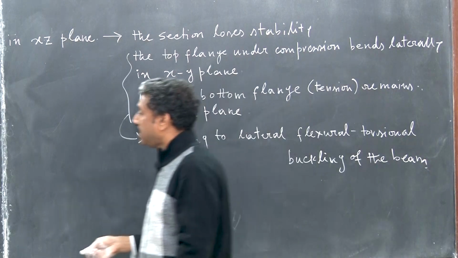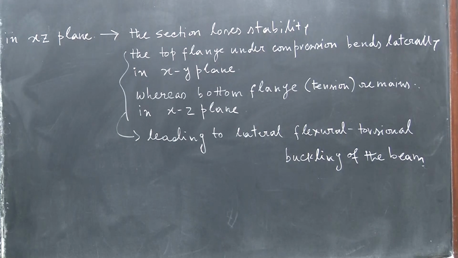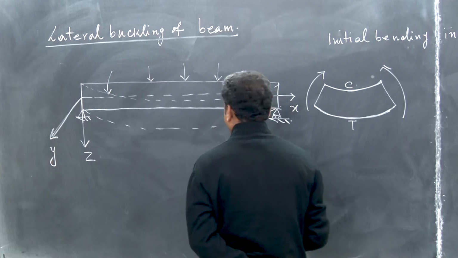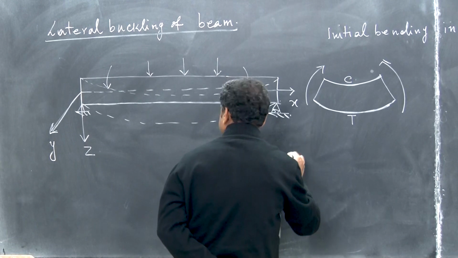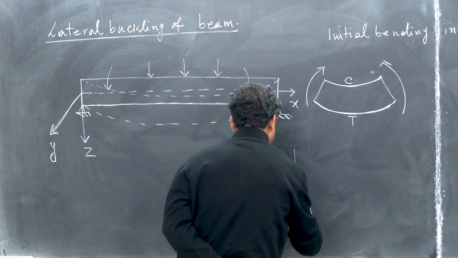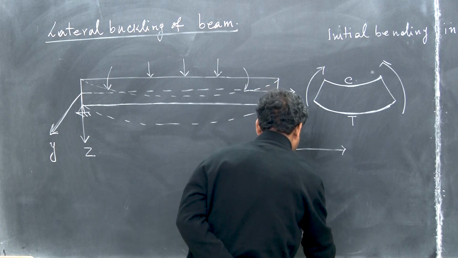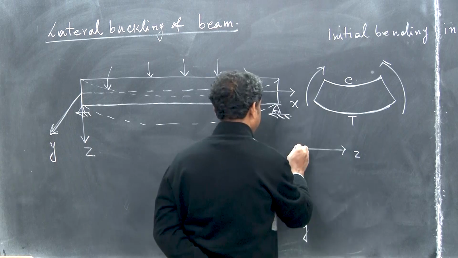So essentially, when I am going to draw it, in the yz plane, what essentially is happening? This is y, and this is z.